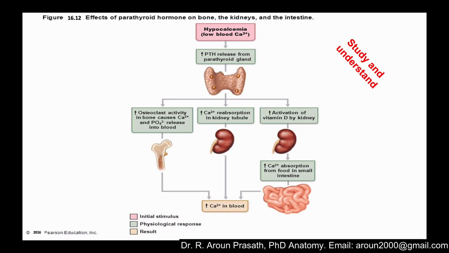This parathormone will take the calcium from the bones, or it will stop the kidney from releasing the calcium, and also it absorbs the calcium from the food, thereby the calcium level is increased. Okay, so that is the action of this parathormone.